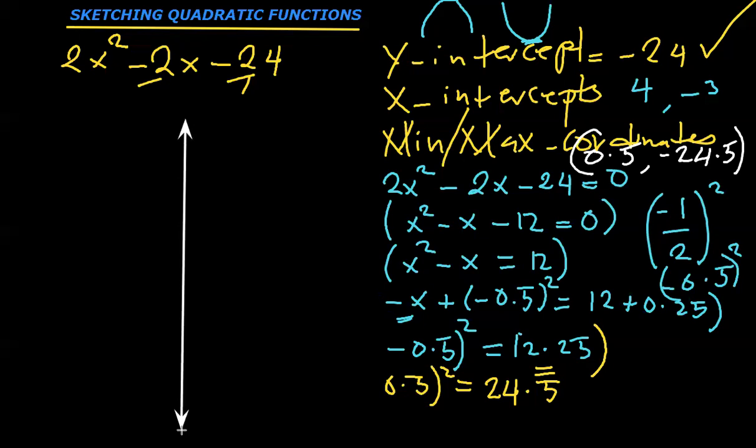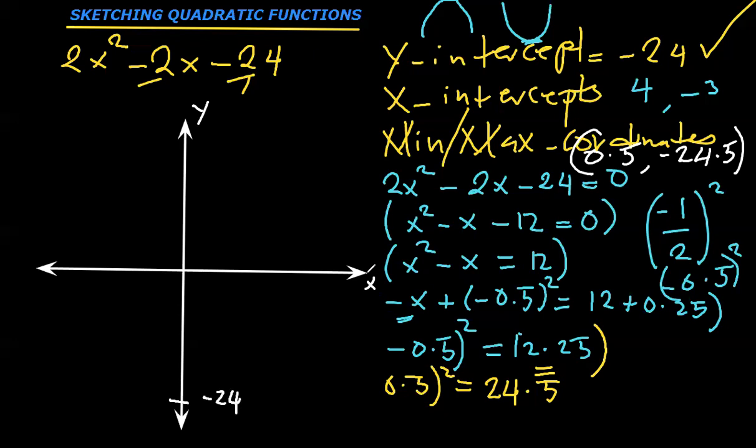There it is. Then I drew my x-axis. There it is. So I have my y-axis and my x-axis. So that's the y-axis, and this is x. The y-intercept, you have negative 24. You just mark it and put negative 24.